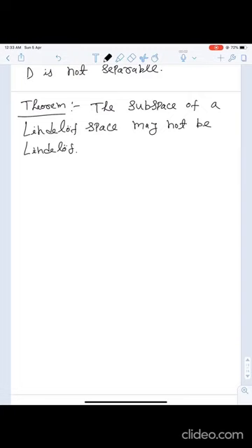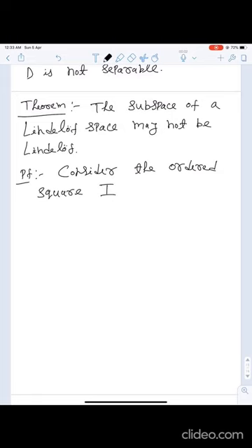Now, the example is, consider the ordered square. That is I_o squared, which is just [0, 1] cross [0, 1] with the dictionary order topology.